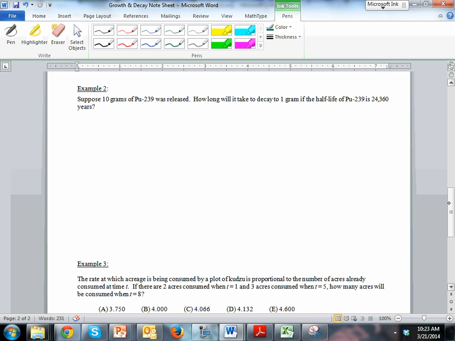We have 10 grams released, and I want to know how long it's going to take to decay to 1 gram if we know the half-life is 24,360 years. So I told you that the decay is proportional to the amount, and so we know we're working with this.